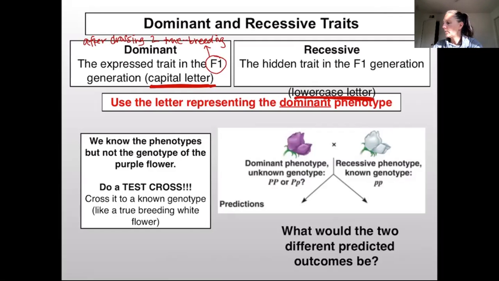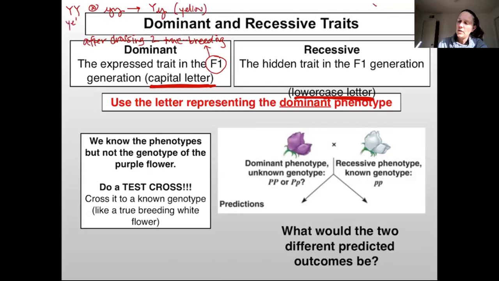So if we just look back at our example, just as a reminder, remember, we had big Y crossed to little y. That gave you our hybrids, which were all yellow.